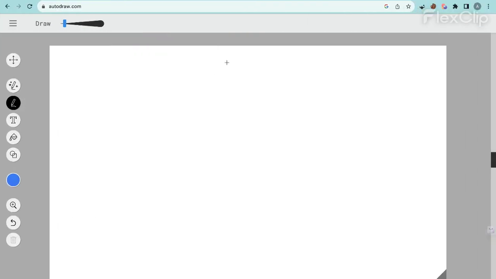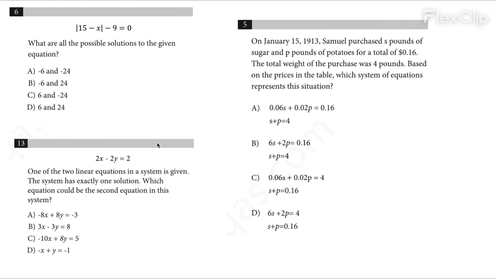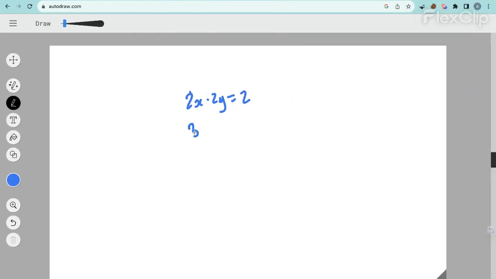Next we have 2y is equal to 2. And then 3x minus 3y is equal to 8. Once again, I'm just going to use elimination.